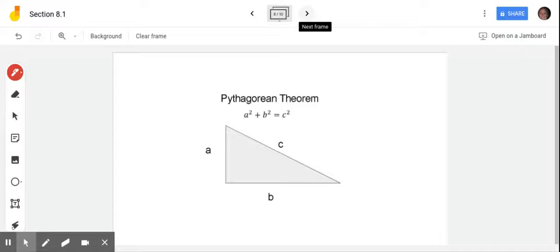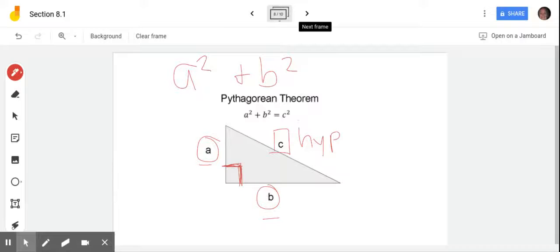The Pythagorean theorem. If you remember when you had right triangles, we said that there was a relationship between the sides and the hypotenuse. We called the sides A and B, and we called the hypotenuse C. And A squared plus B squared, or taking the sides and squaring them and adding them together, was equal to the hypotenuse squared.